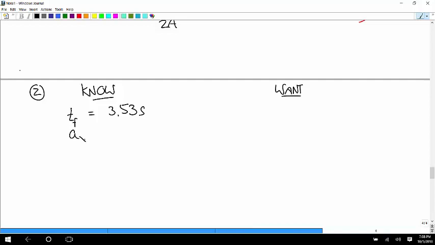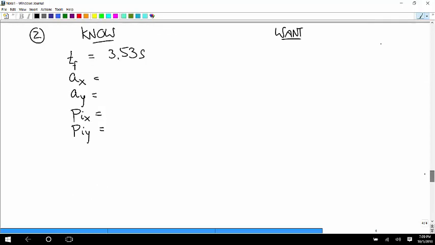We know the accelerations. We know the initial position components. We know the y component of the final position. We want to find the x component of the final position. And we know the initial velocity, both components.